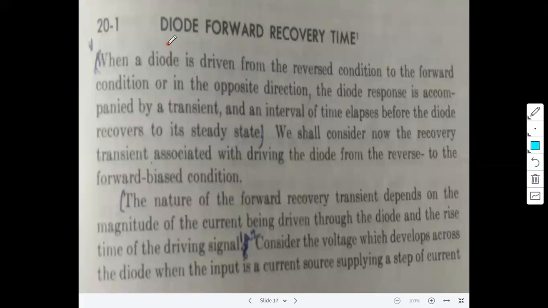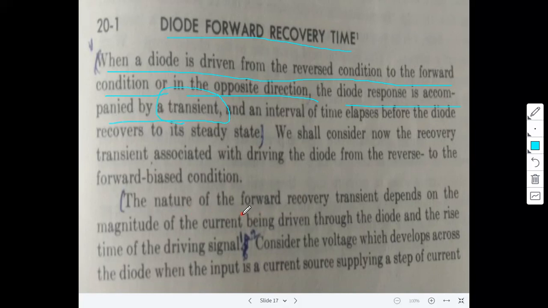Now coming to the diode forward recovery time. Observe here. When a diode is driven from the reverse condition to the forward condition or in the opposite direction, the diode response is accompanied by a transient response. The diode response is not a steady state response; it is a transient response.